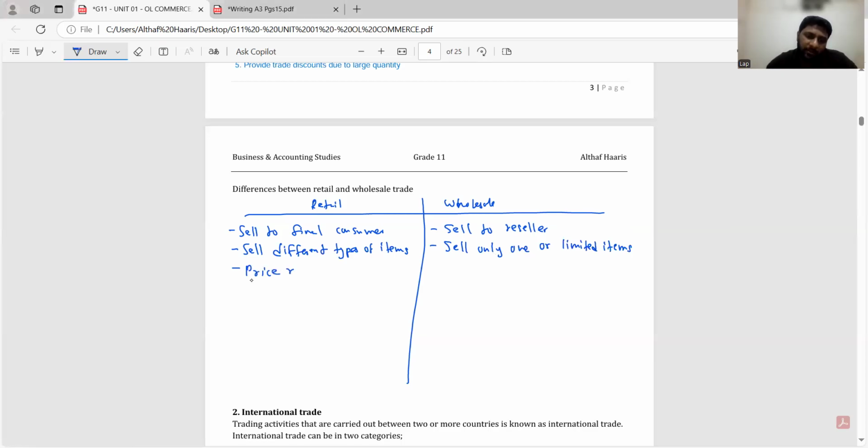Retail: price relatively higher than wholesale. Wholesale: price relatively lower than retail.